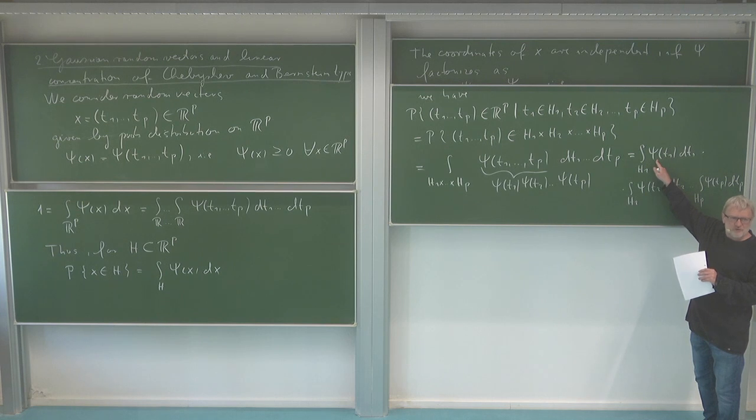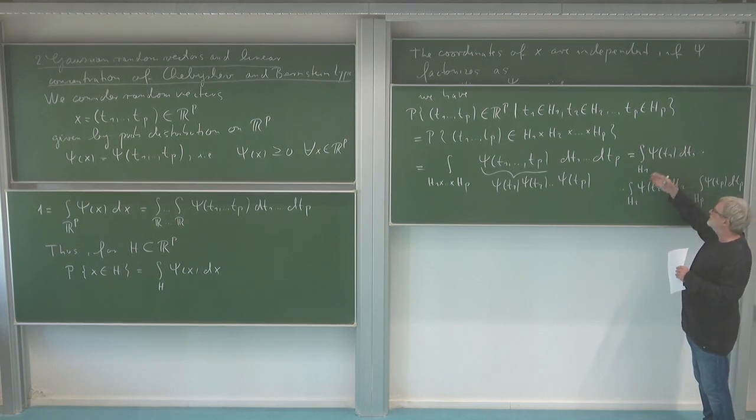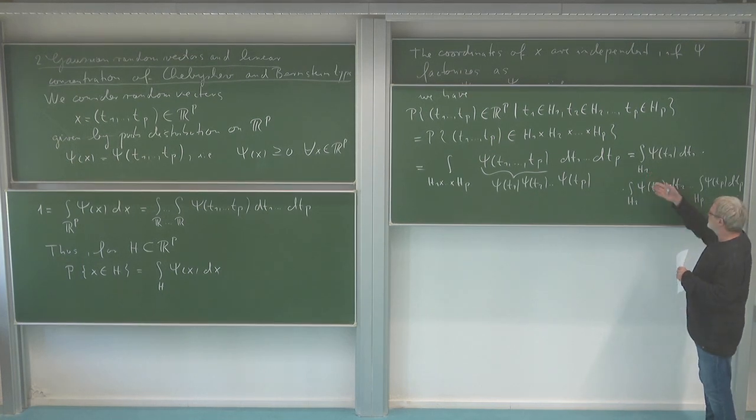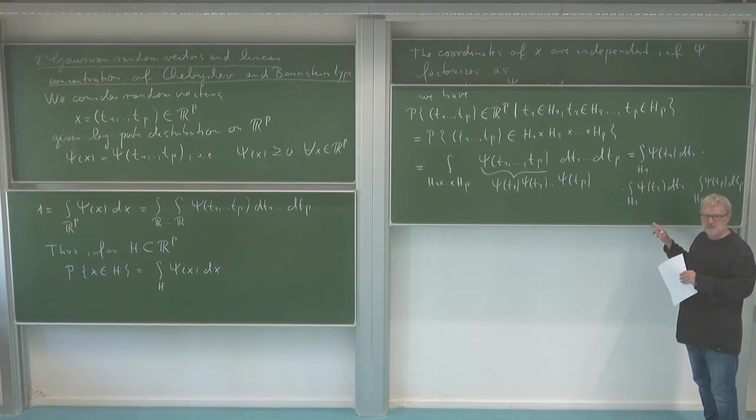Now of course those integrals are probabilities for each of the components with respect to the density which belongs to them. This is the probability that the first component is in H1. This is the probability that the second component is in H2, and so on.